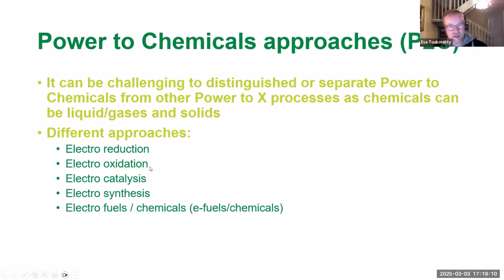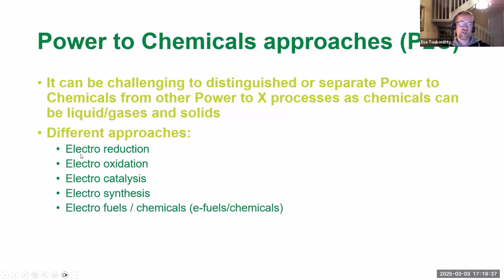Some of these conversions can be reduction reactions and oxidation reactions, and we are not going to deal with electrochemistry during this course, although it would be quite beneficial. But if there is an electrochemical conversion, there is always reduction and oxidation happening simultaneously.